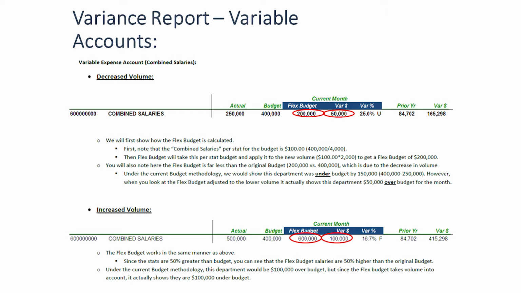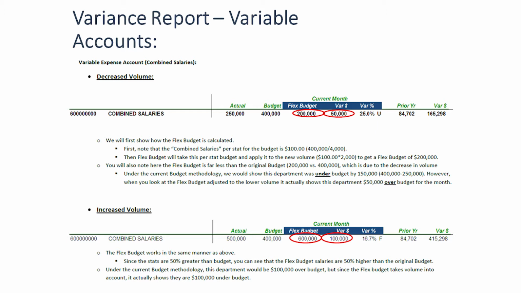So it really doesn't matter how increased or decreased your volume is compared to budget. Your maintenance contract is going to be the same regardless of the amount of patients that you have. So in those cases, those fixed accounts would not increase or decrease with the volume on the flex budget, but a variable account, again, such as salaries, would.